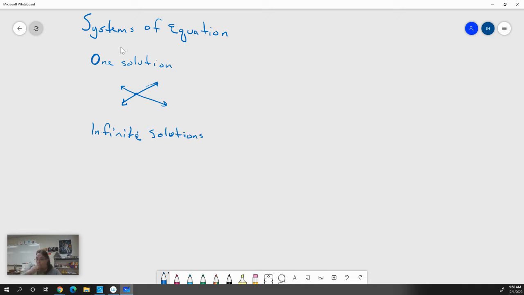When we had infinite solutions, the lines were multiples of each other, and so the graphs of the lines sat right on top of each other. Algebraically, say one of my equations was x plus y equals 2, and one was 2x plus 2y equals 4.